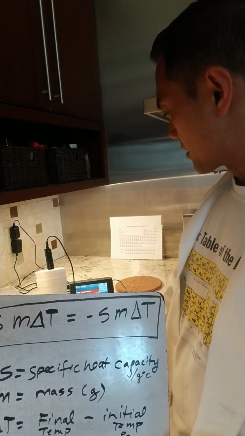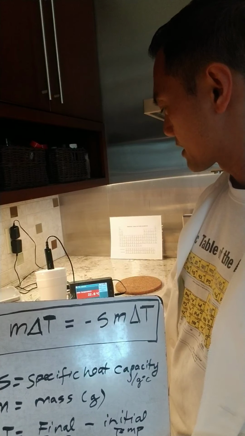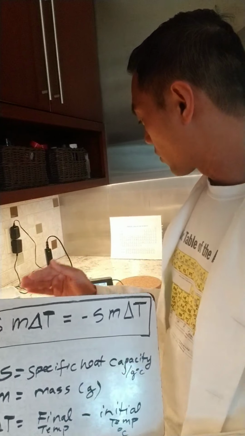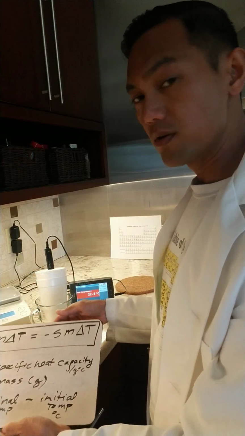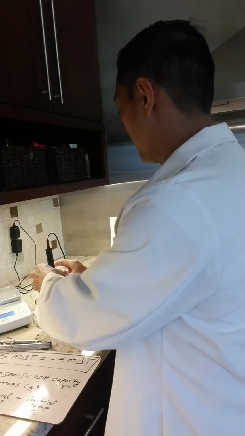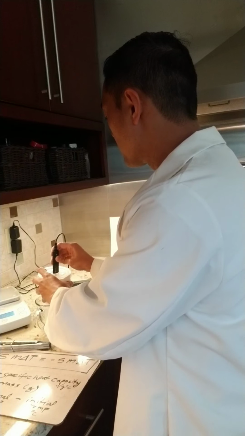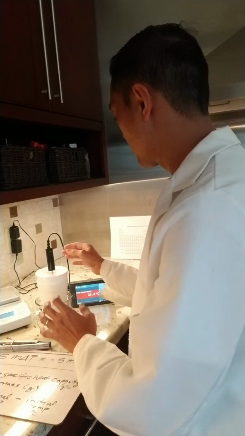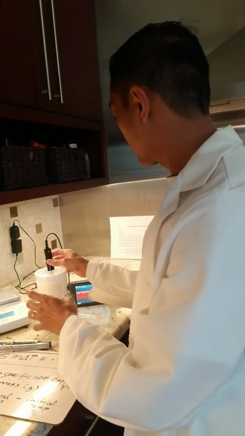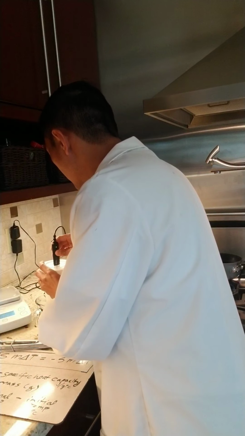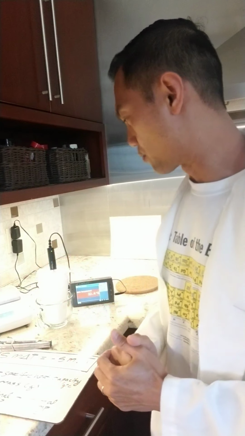It's about 30 seconds into it. Temperature is about 22.6 degrees. So we'll see if it holds steady or if it will keep rising. One thing I should do is make sure that our sample is actually submerged, because if it's not, then we're not measuring this properly.